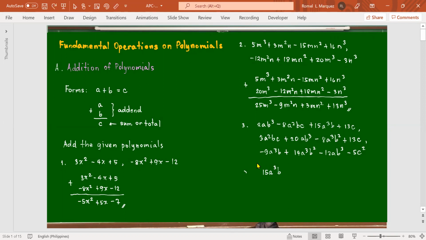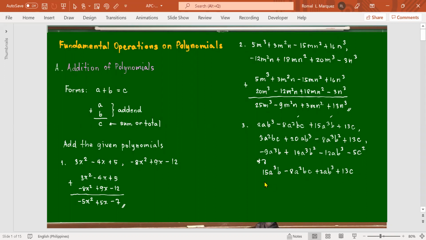So let me have a mark here so that I know where to start. So 18 a cubed b, then minus 8a squared bc, and then plus 2ab cubed, and then plus 13c. Am I right, guys? Yeah.